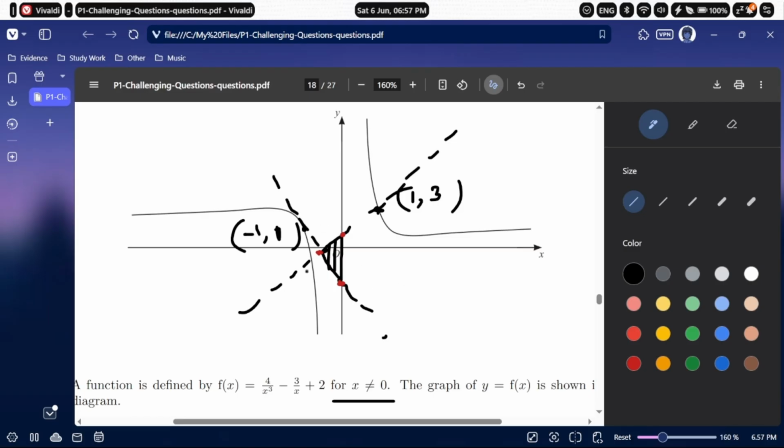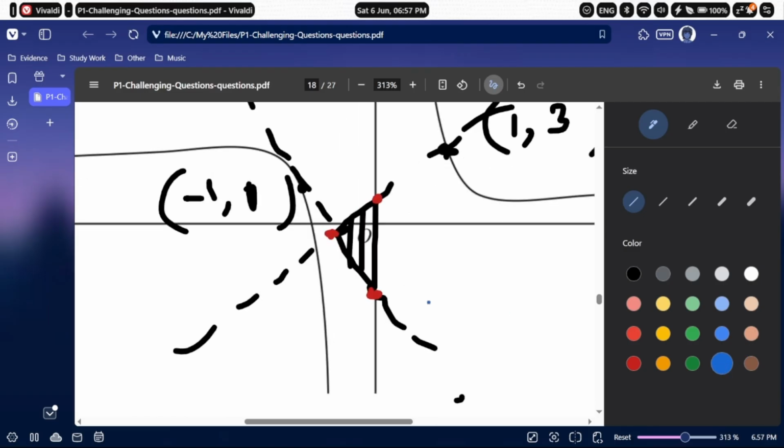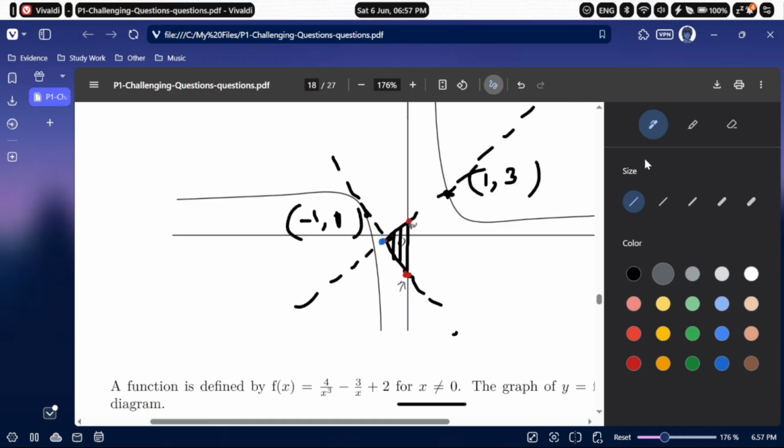So wait, let me just mark this point differently. This blue point over here is going to be the intersection between your two lines, and the point over here is going to be the y-intercept of the normal at 1 comma 3, and then this one over here is going to be the y-intercept of your tangent at minus 1 comma 1.